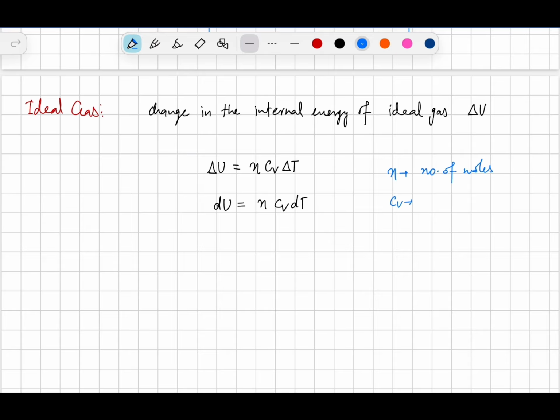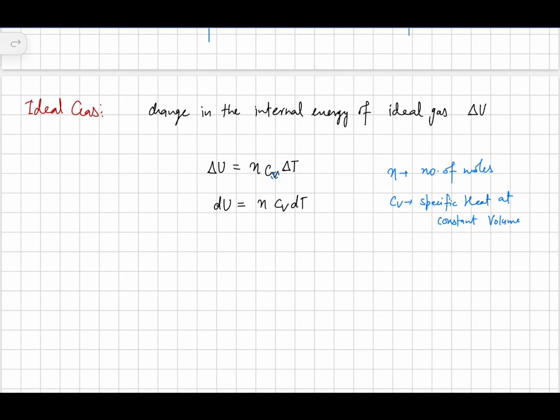Cv is the specific heat at constant volume. Remember this V is a subscript, written like this to remind us that it is at constant volume.